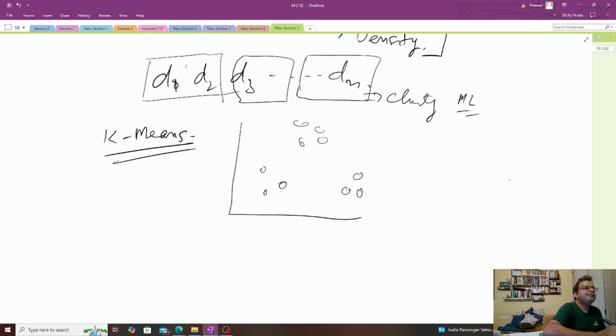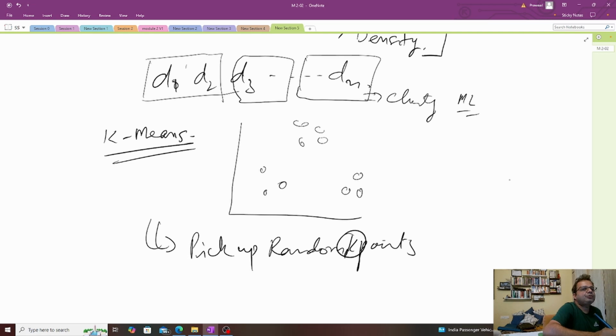So in k-means you pick up random k points, because you want to find k number of clusters. How do you find the value of k? We'll figure that out later, but let's assume that in this particular case k was 3.